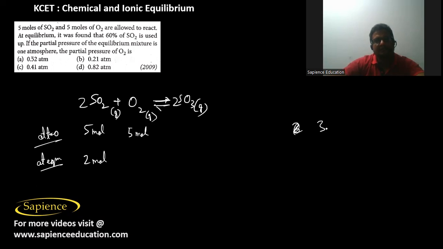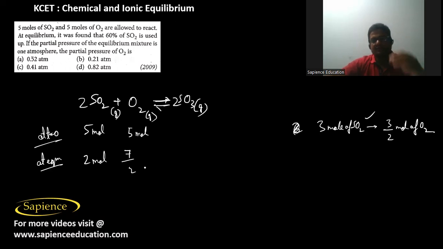It means 3 moles of SO2 will react with 3 by 2 moles of O2. 3 moles of SO2 has reacted, so 3 by 2 mole of O2 will react. So 5 minus 3 by 2, that is 7 by 2 mole of O2 will remain.